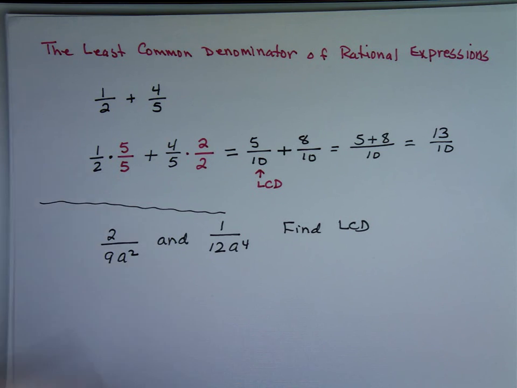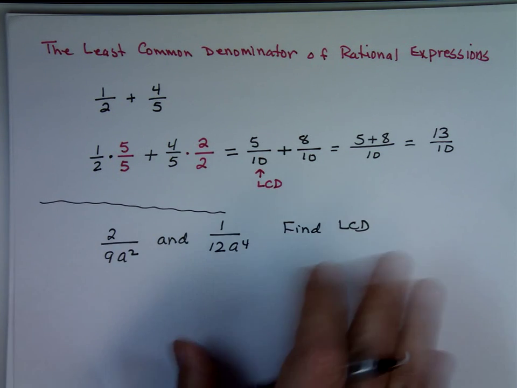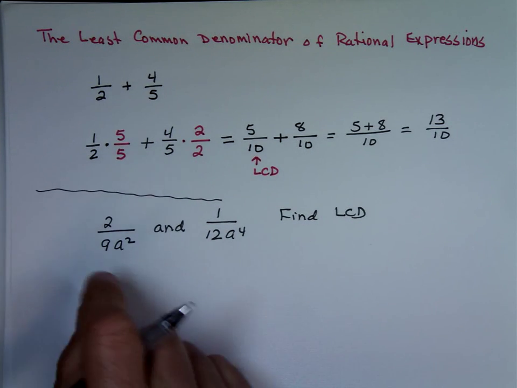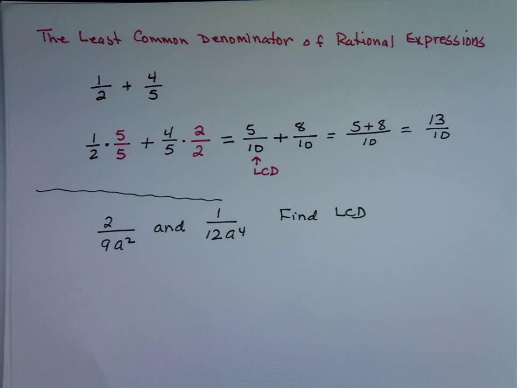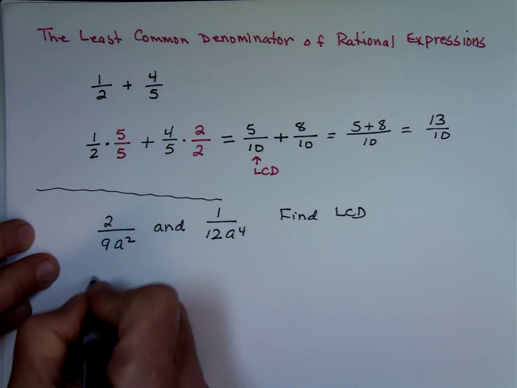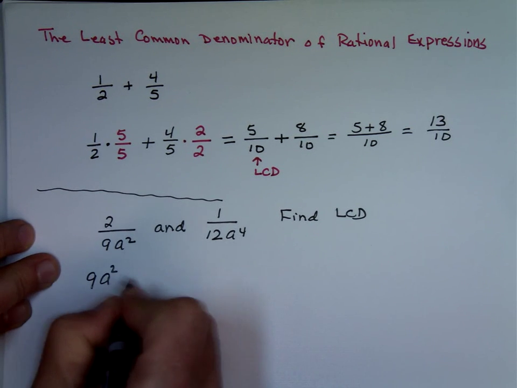And what you want to do is really factor each one of these completely. When you take the 9a squared, I'm going to factor that using prime numbers.